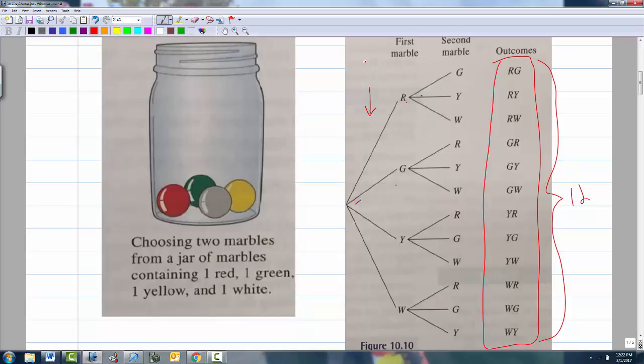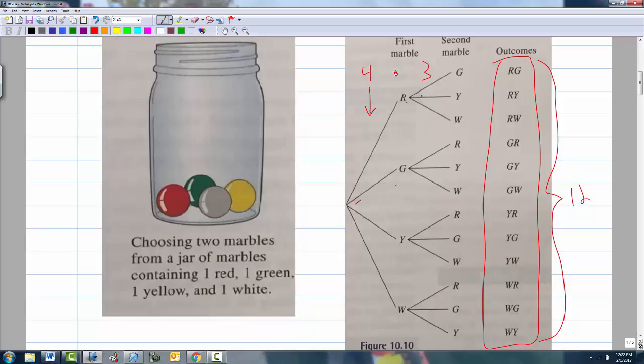In the first scenario, how many possible marbles can I choose from? Everyone say the number. 4. But then after you get that marble and don't replace it, how many possibilities are there for each of these scenarios? 3. What's the relationship between 4 and 3 and 12? What can I do with 4 and 3? Multiply them.